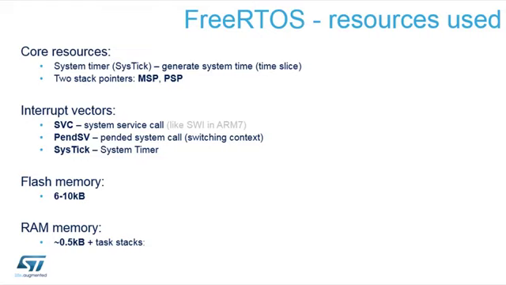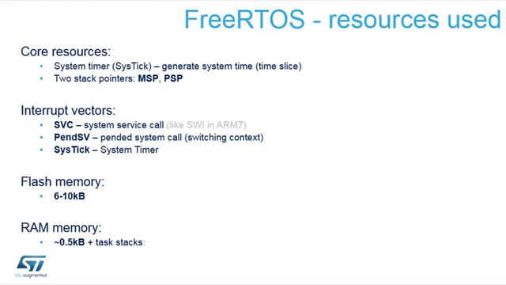Further, it gets access to the stack pointers, MSP, the main stack pointer, and PSP, the program stack pointer. The MSP is used for the interrupts and the scheduler, and it's used during the task switch. However, the PSP is used for the tasks to point to their local stacks.